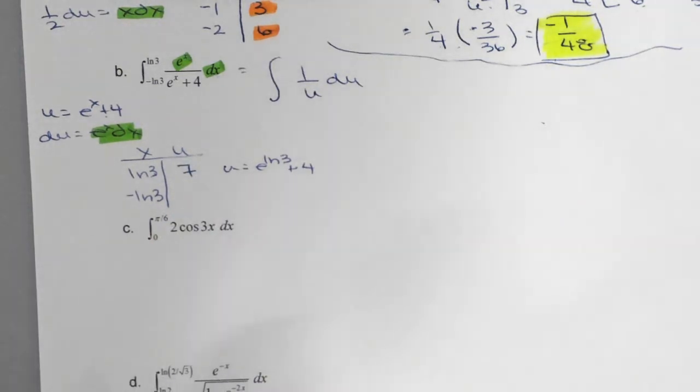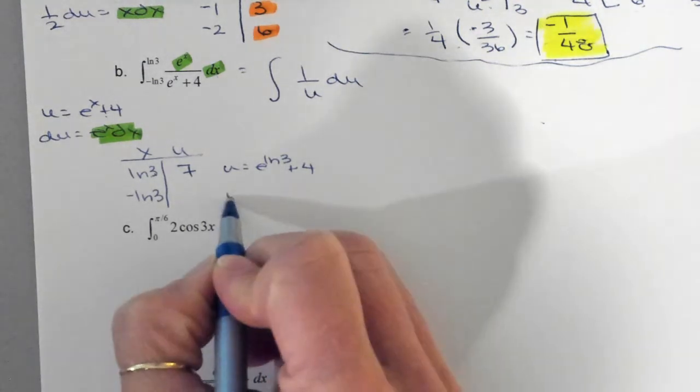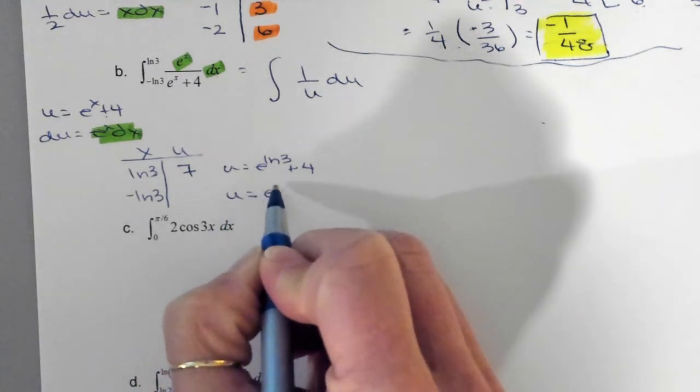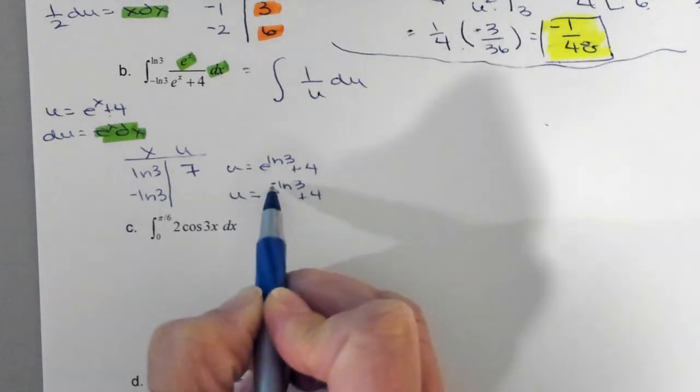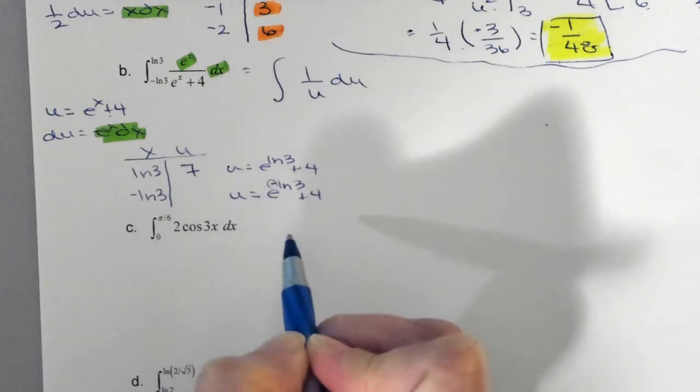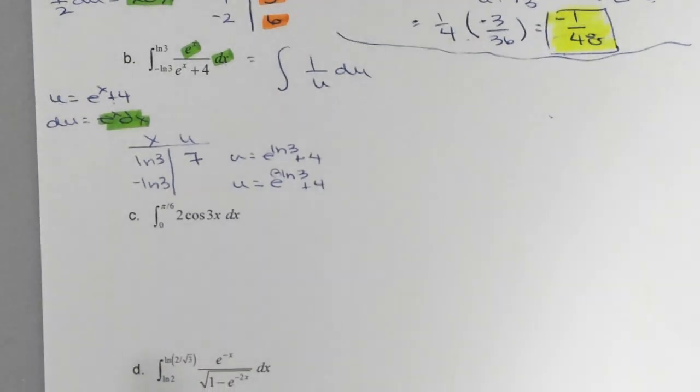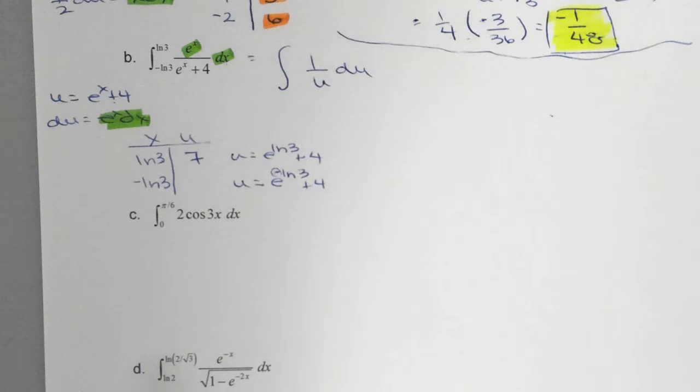Now this is going to take a little bit more thought. u is equal to e to the opposite of the natural log of 3 plus 4. Something needs to happen to that. You can move the term to the denominator.